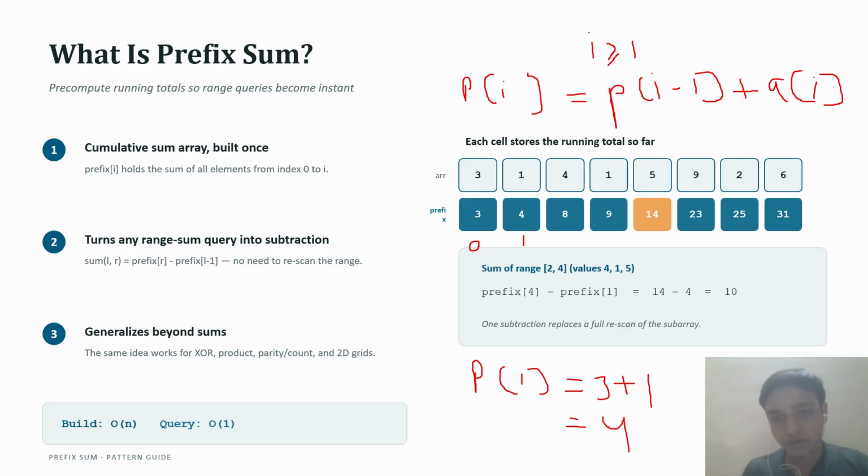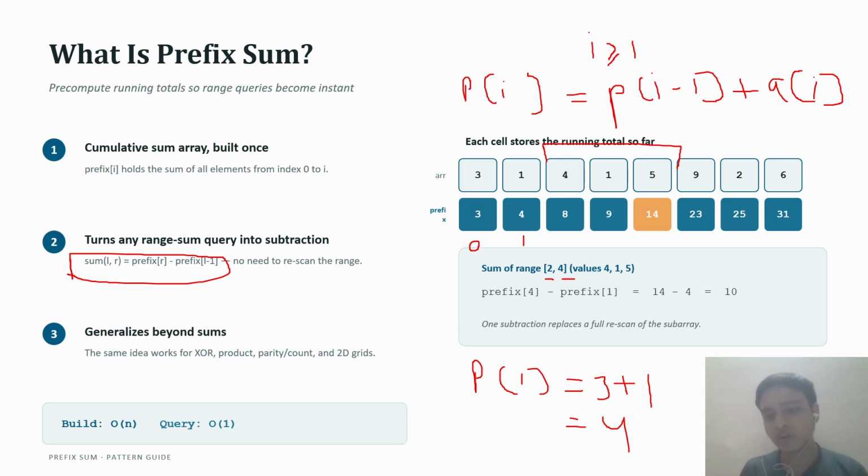Now we will talk about the sum of any range. Suppose you are given a range and you have to calculate the sum of numbers from the second index to the fourth index. From the second index to the fourth index, these are the elements 4, 1, 5.